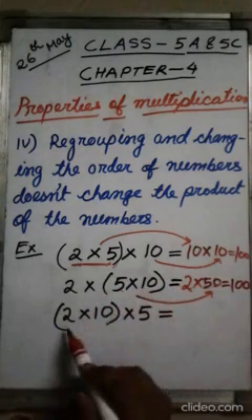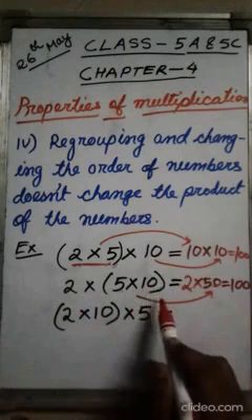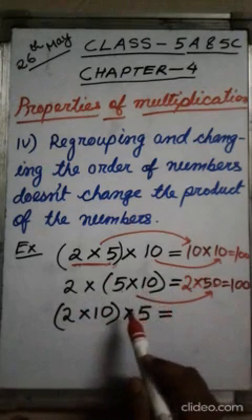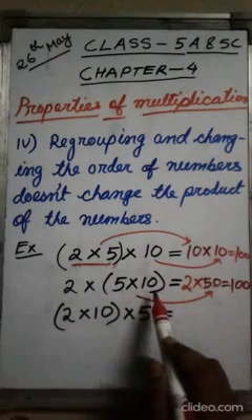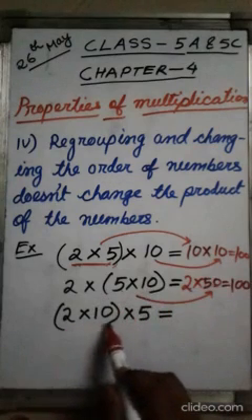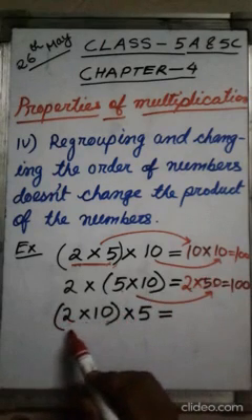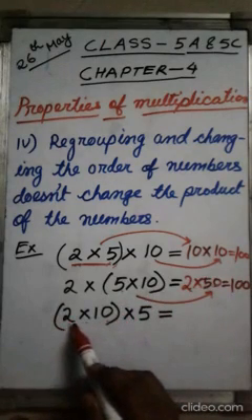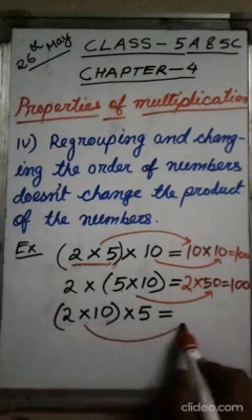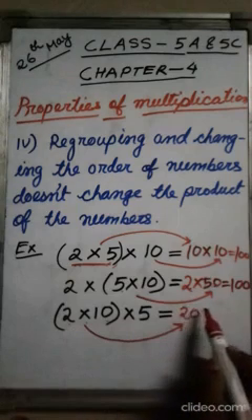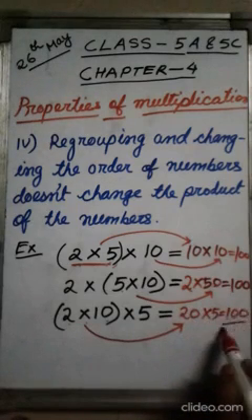Within bracket the operations, whether multiplication, addition, subtraction or division, any mathematical operation within bracket we have to do first. Here also 2 into 10 is within bracket, so we shall be doing the multiplication 2 into 10 first. 2 into 10 is 20, 20 into 5 will give us 100.